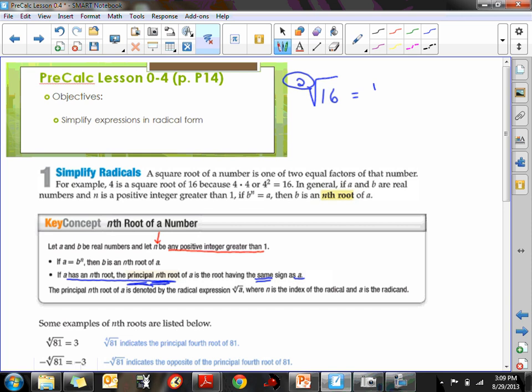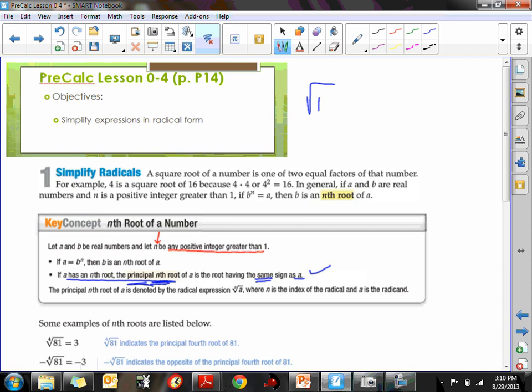Now technically we know there's a plus and a minus answer to this, because if we look for a number that we square to get 16, it could be either negative 4 squared, which is 16, or positive 4 squared is 16. So we got our bases covered. But what this statement is saying is, if they just want the principal square root, then the principal square root is the same sign as your base or your radicand.